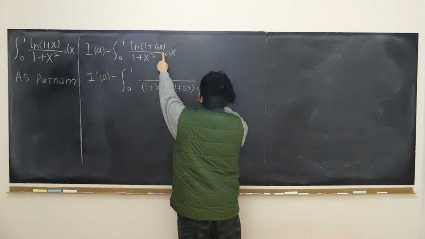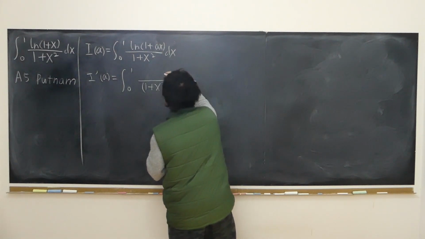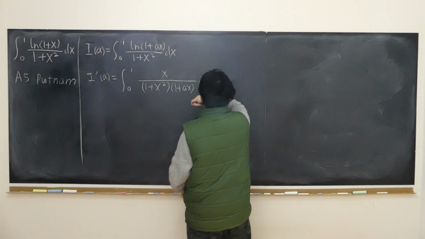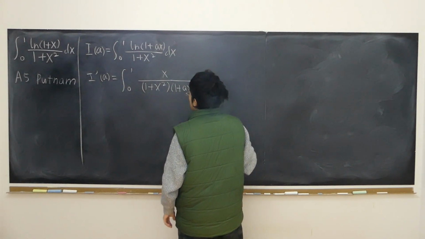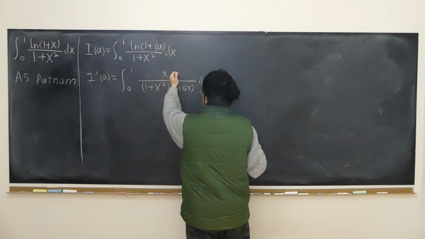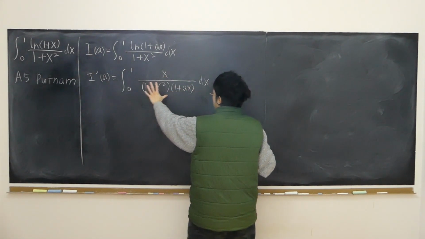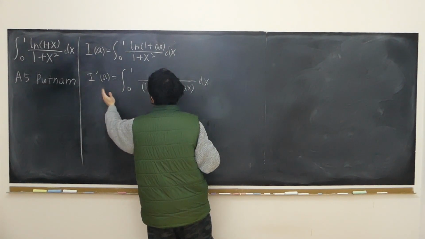Then there's a constant in front of a, right? That's x, just times x, dx. Okay, so this still contains a, and so this whole thing is still a function of a, right? So the derivative.